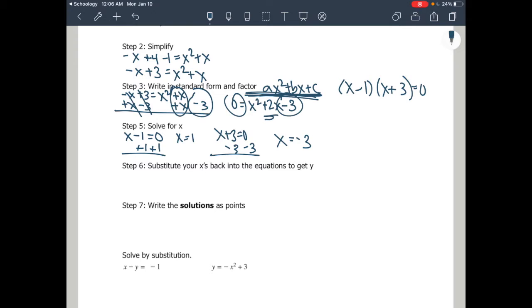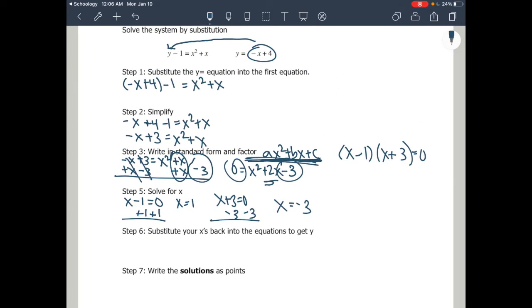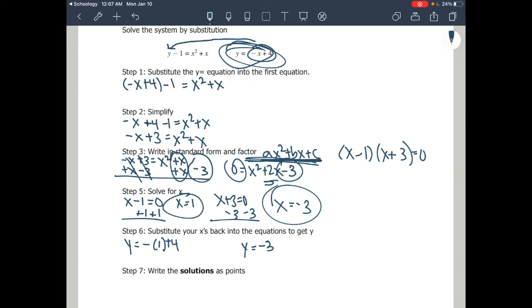The next part says substitute your x's back into the equations to get y. It doesn't matter which equation you use, just like substitution before. I'm going to use the easiest one, which I think is the second one, but that's up to you. So I'm going to plug this one into the second equation, and this one into the second equation. So y equals negative 1 plus 4, and the other one is y equals negative 3 plus 4.